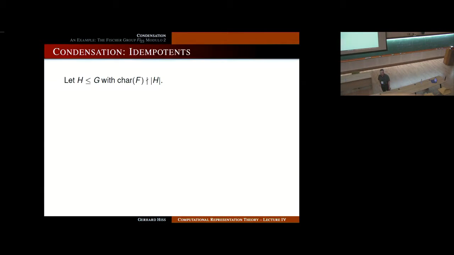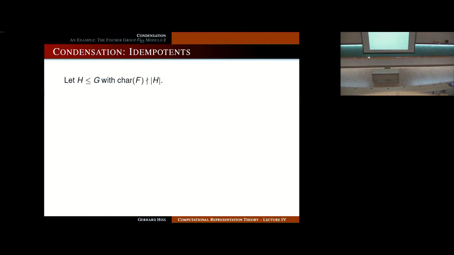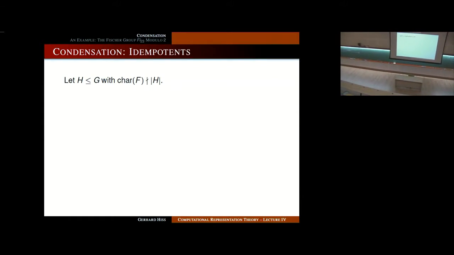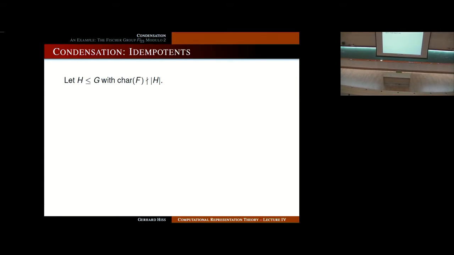Projective indecomposable or principal indecomposable module. So you write A. So it's the right ideal.